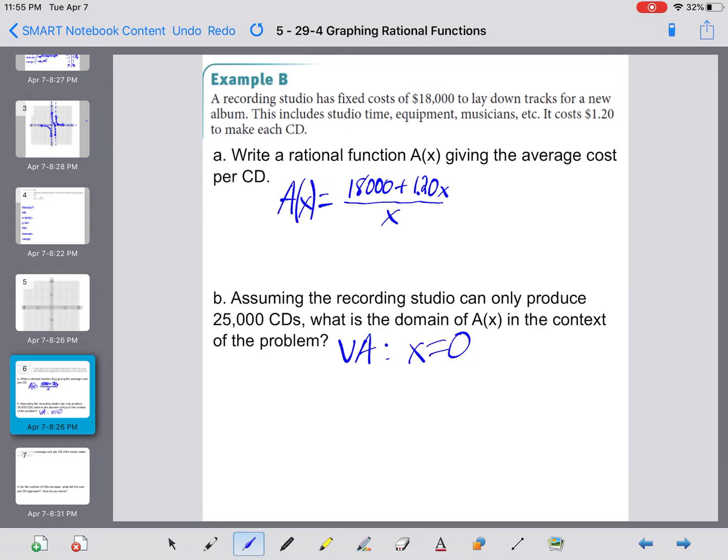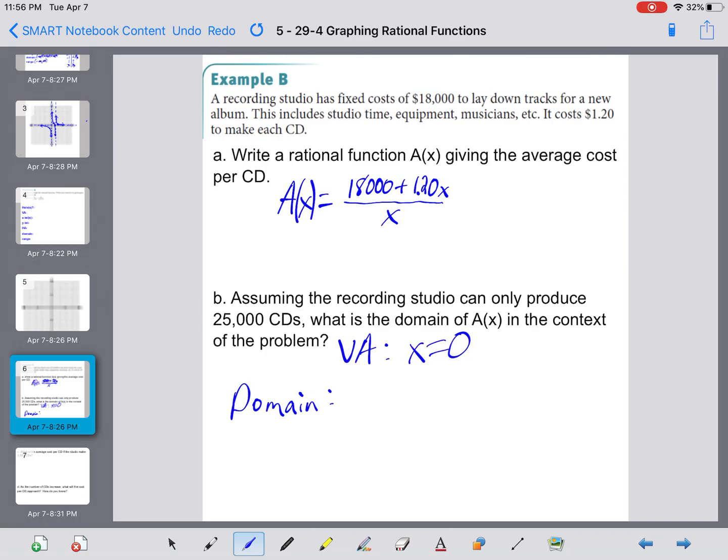Okay. Now, as this graph goes to the right, because the company can't make any, or the recording studio can't make any more than 25,000 CDs, there's my max, right? So the domain is going to be, now technically, because we have a vertical asymptote at 0, we can't make 0 CDs.